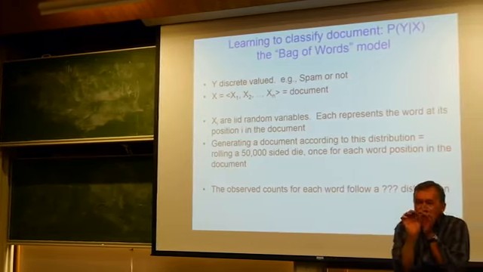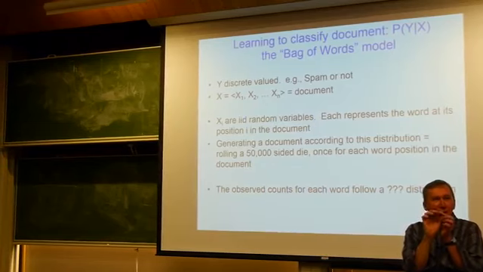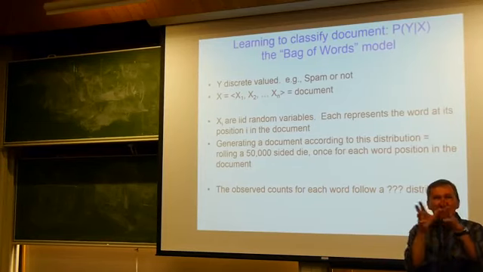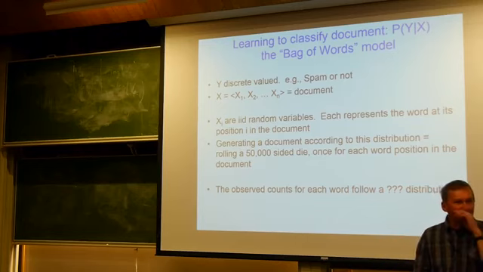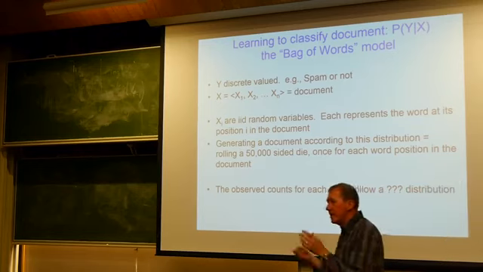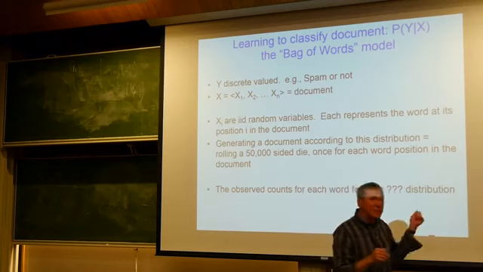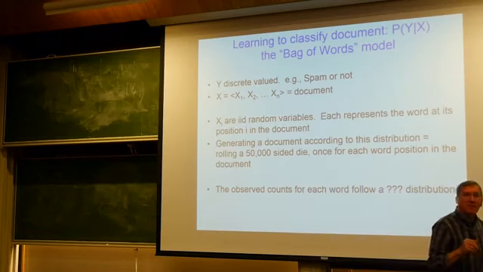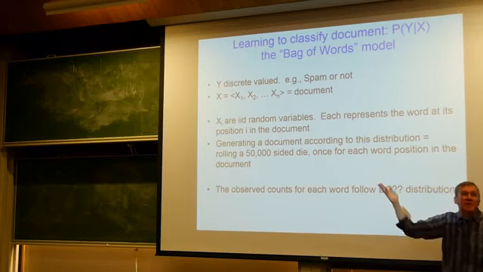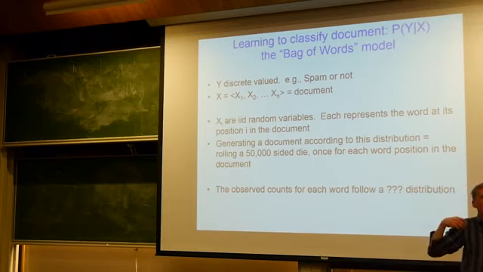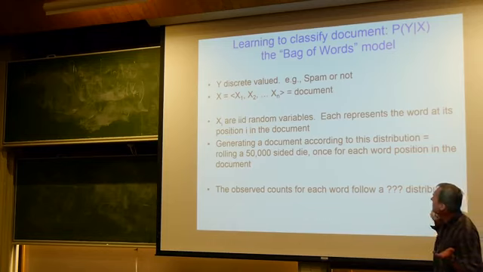And maybe the faces of the die are a little different, like for rare words, a very small face, and for frequent words, a big face, making it more probable that it'll end up on that face. But effectively, once we make this IID assumption, it's like saying the document is generated by rolling a 50,000-sided die n times, where n is the number of words in this particular email. Okay?